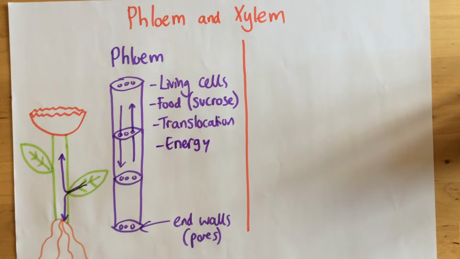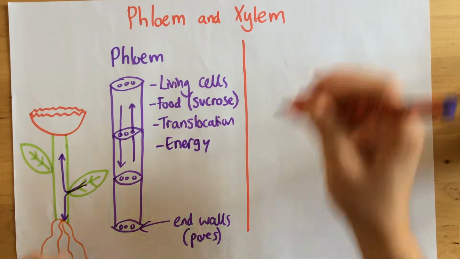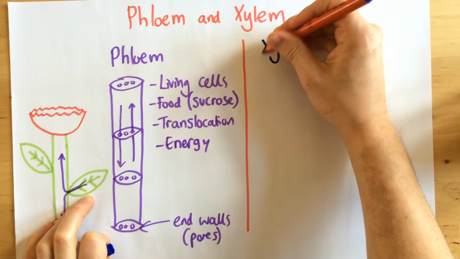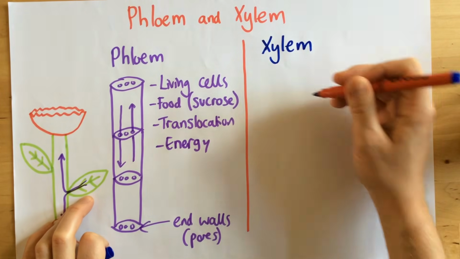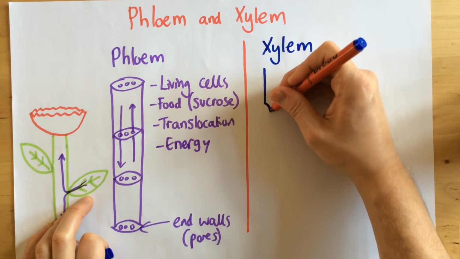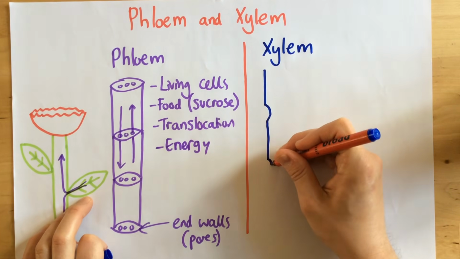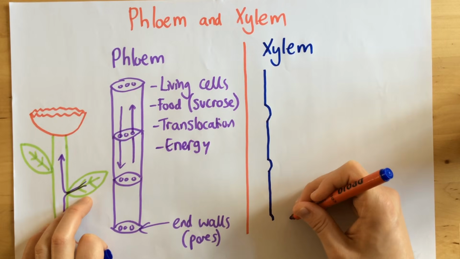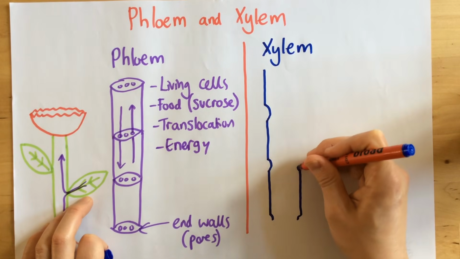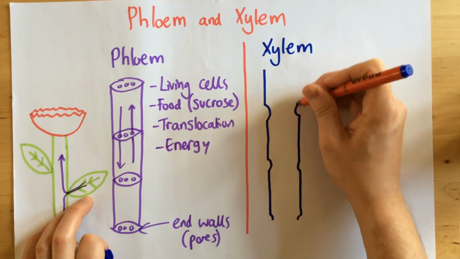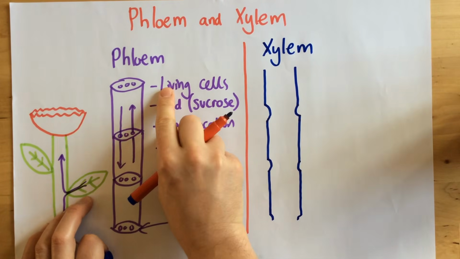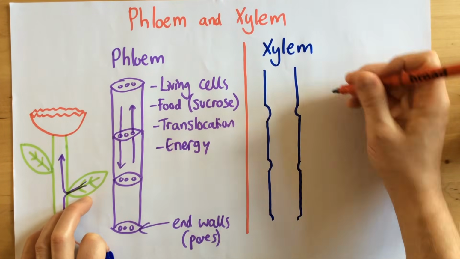Now, this is a little bit different from the other type of tube we need to know about, called a xylem tube. Now, xylem tubes, again, there are lots of different cells laid end to end, but the difference is, well, there's a few differences. First of all, xylem cells are not living cells.